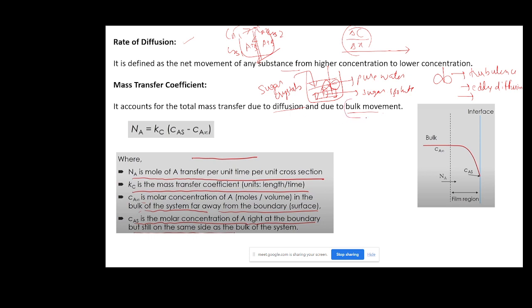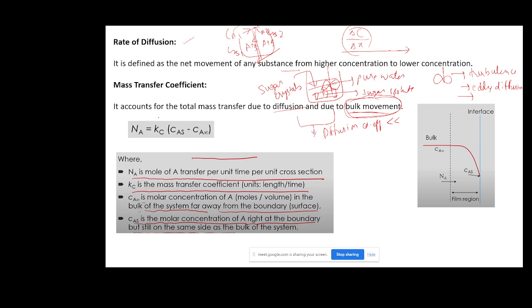So the bulk movement adds up in the mixing, and the overall net mixing, or the net movement of molecules, enhances a lot, because the diffusion coefficient is much less than the coefficient due to the bulk transfer or bulk movement.